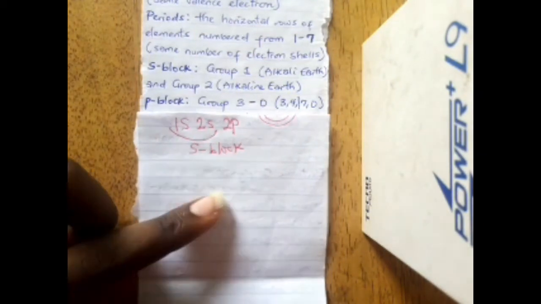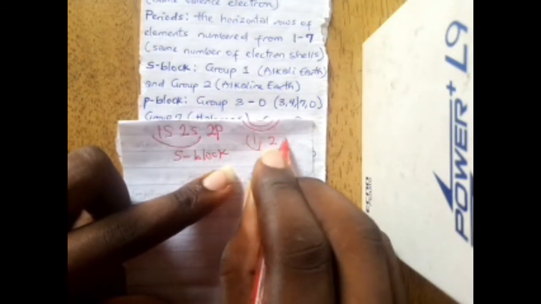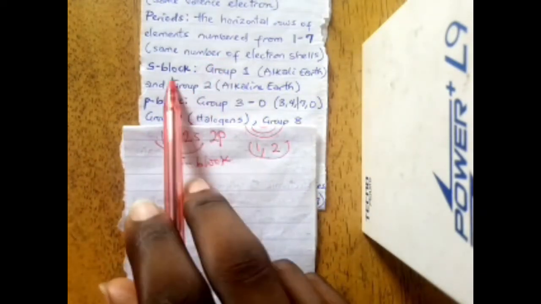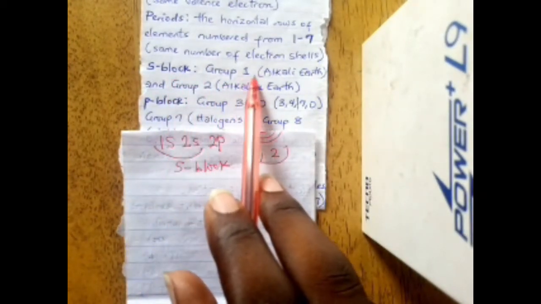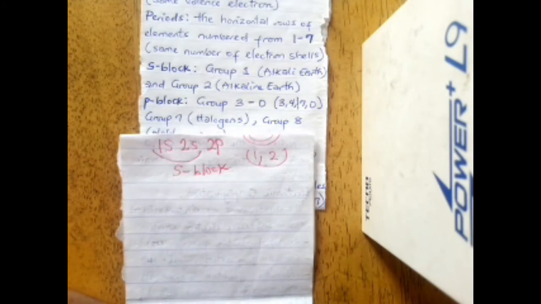Every outermost shell has either 1 or 2 electrons, and these 1 or 2 electrons fall under the S block. That's why group 1 and group 2 are the S block. Group 1 is also known as the alkali metals, and group 2 as the alkaline earth metals.